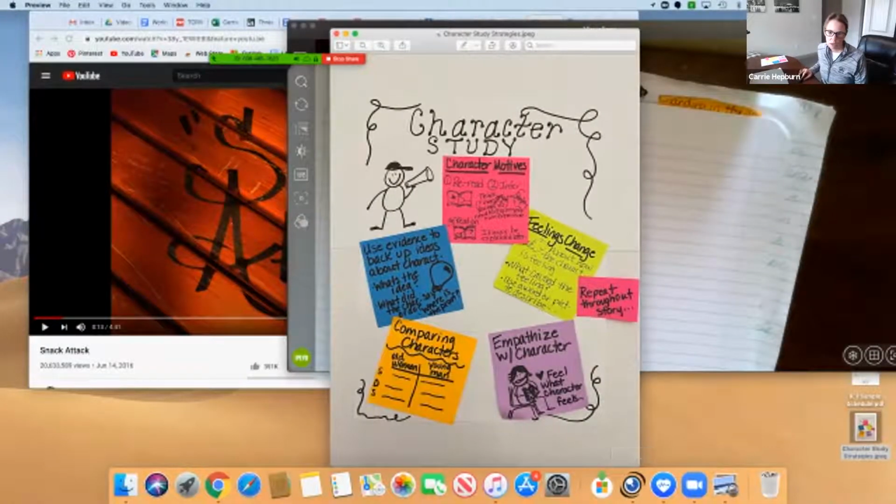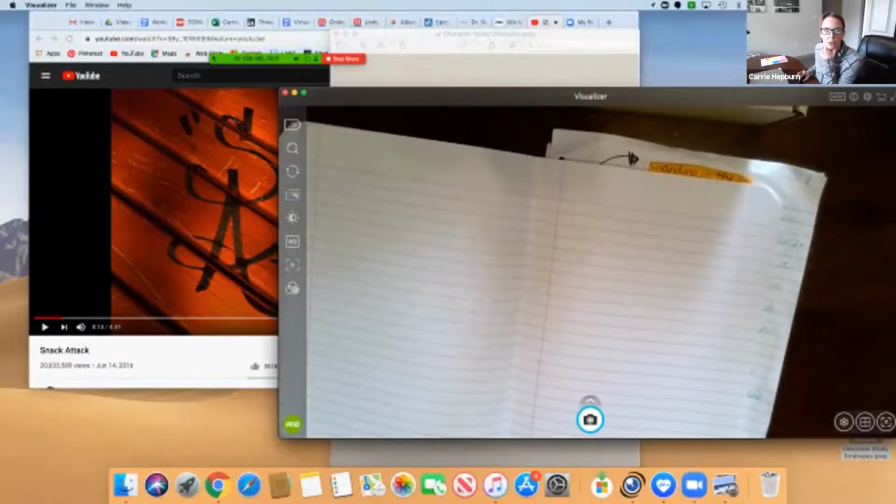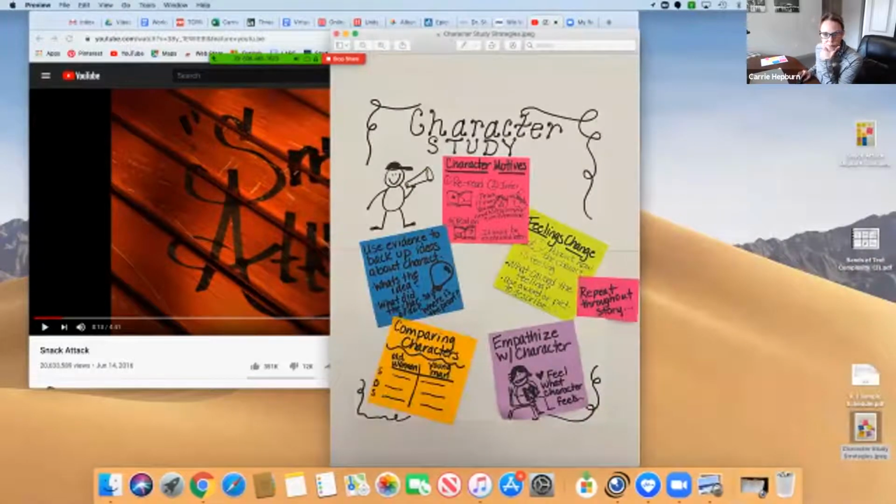You probably remember when we were doing character studies and we were studying those characters, we talked about character motives. We would read part of the book, think about what we were noticing about the characters, and infer why the character did what they did.